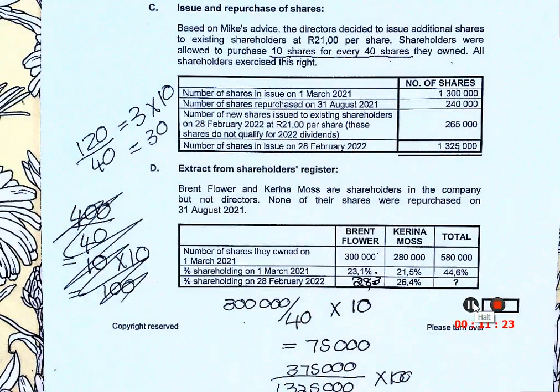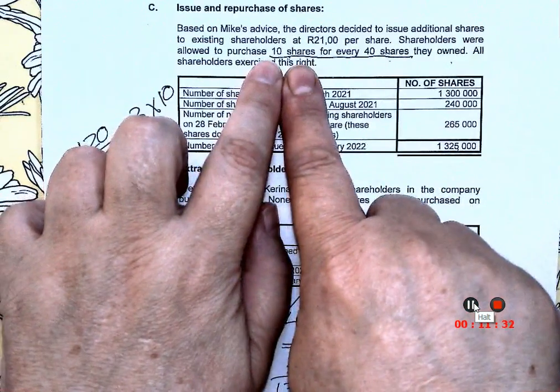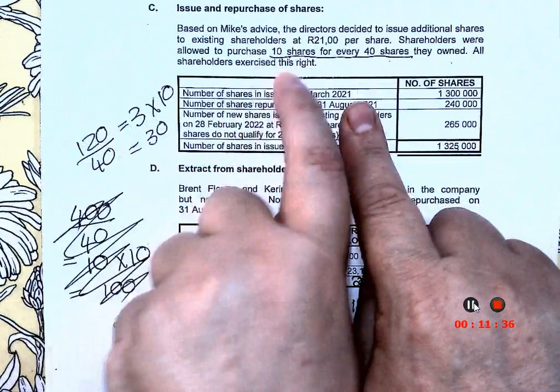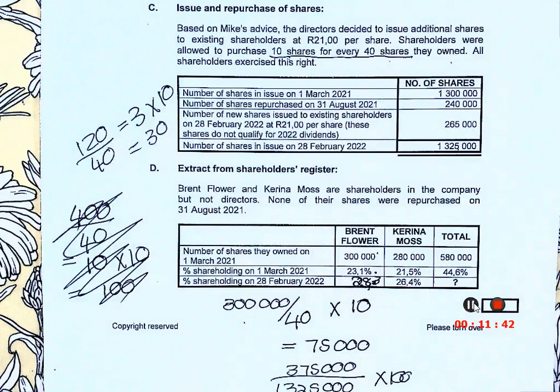What you guys should also be awake for is with this, because they said that they can buy 10 shares for every 40, it might also be that they get a vote for every 10. They can write that into their MOI, that voters don't get votes per share, they get a vote for every 10 shares, or every 50 shares.